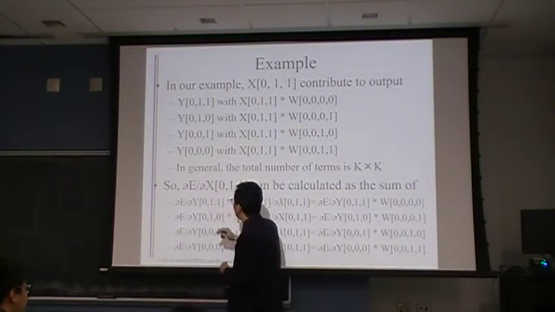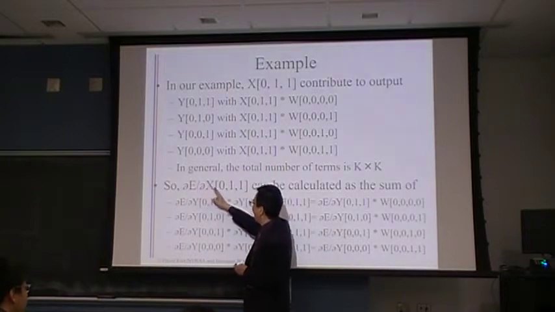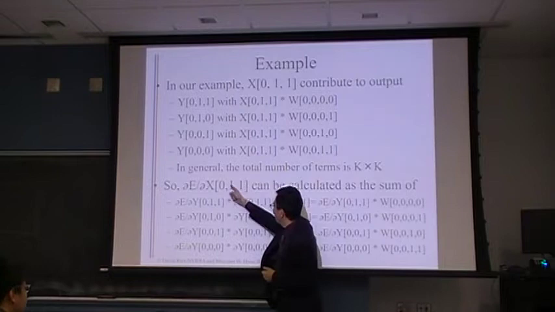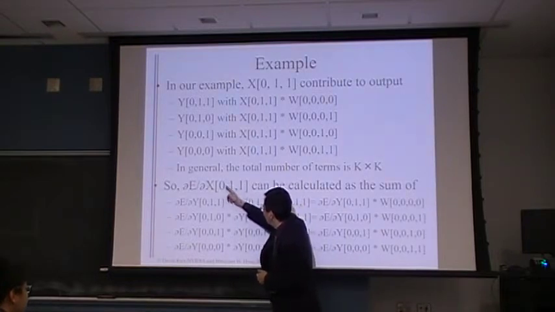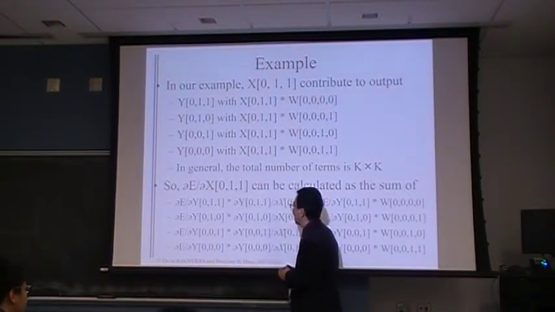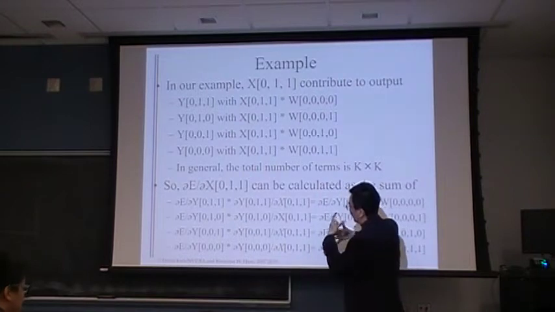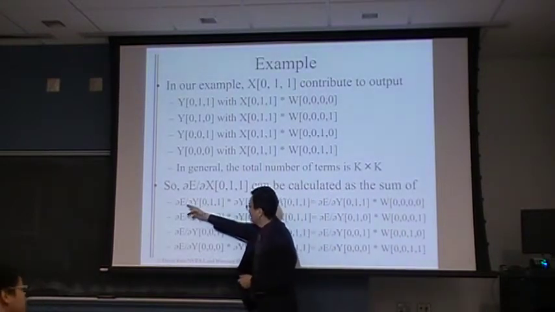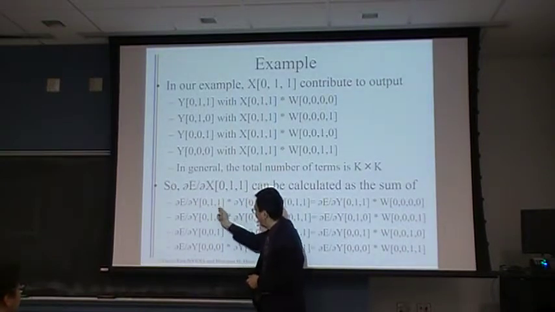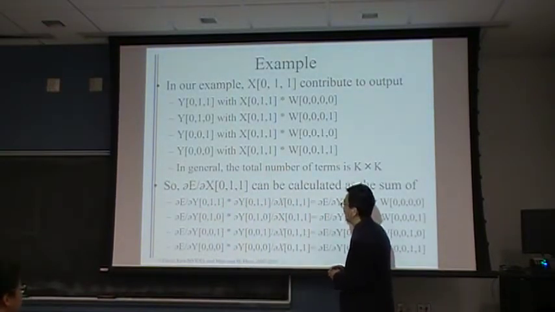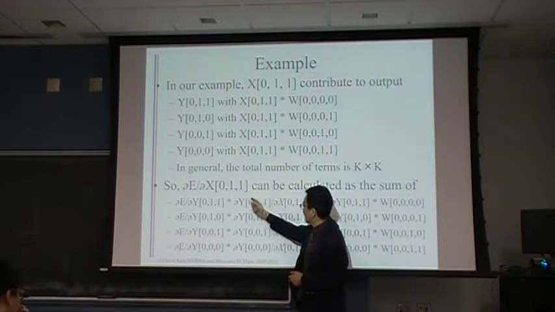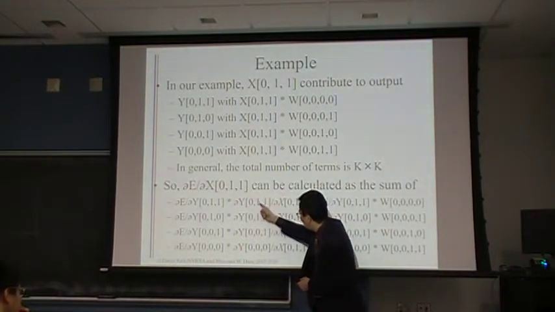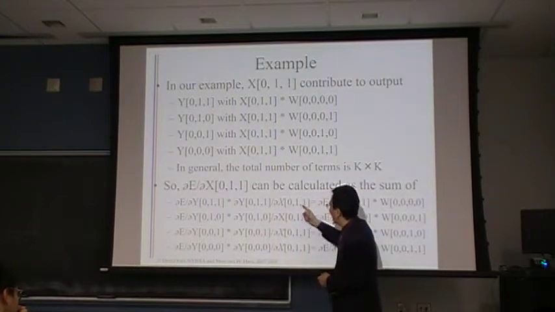So if I calculate delta E delta x for input element 0, channel 0, element 1, 1, I'm going to do the chain rule again. I'm going to take the delta E delta y11, and then it will be timed delta y11 over delta x11.